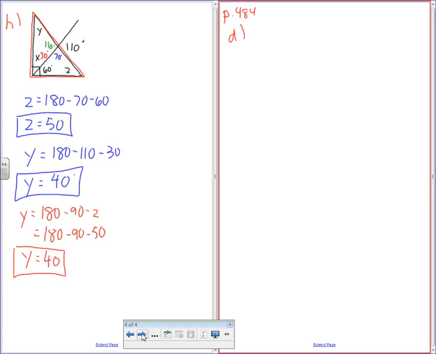Okay, D looks like this. Oh, goodness. Those are supposed to be straight lines that are parallel. I realize they're not, but go with me here, okay? This is a nice looking question.